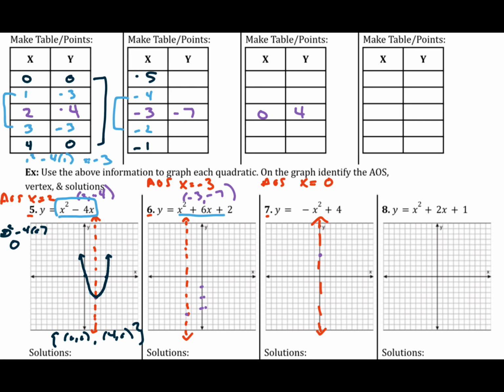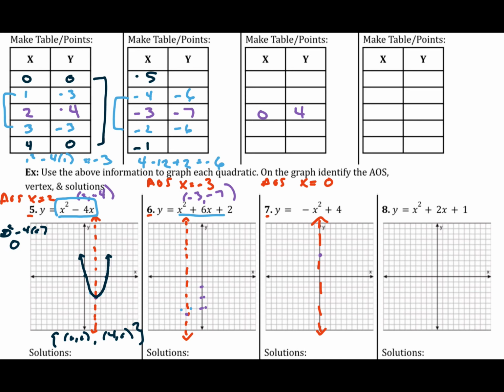I'm going to choose to plug in -2. -2 squared is +4, plus 6 times -2, well 6 times -2 is -12, plus 2. This is going to give me -6, so this is -6, and this is -6. So here we go, (-2, -6).